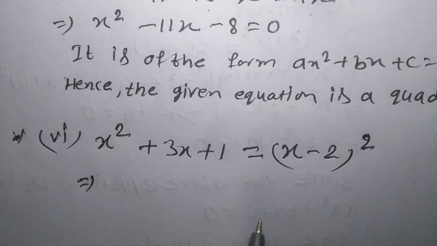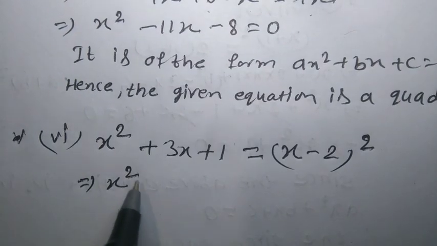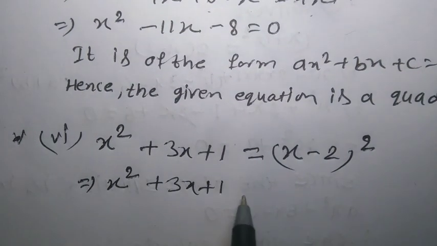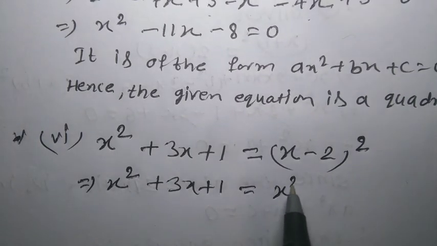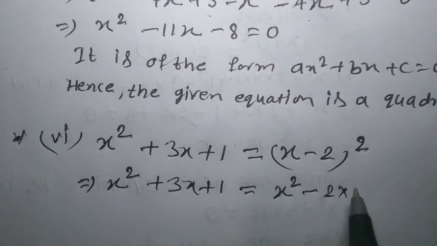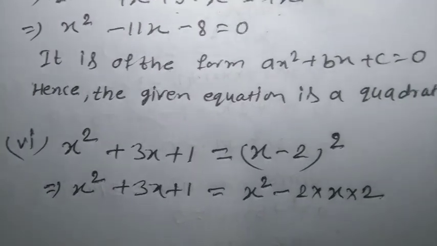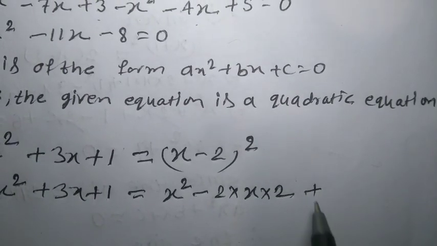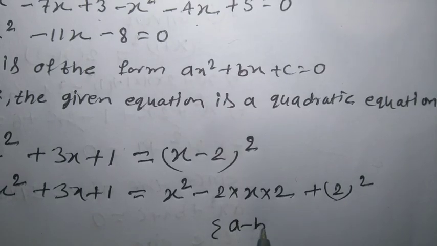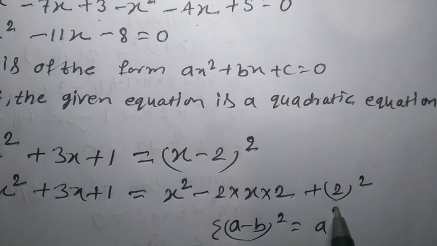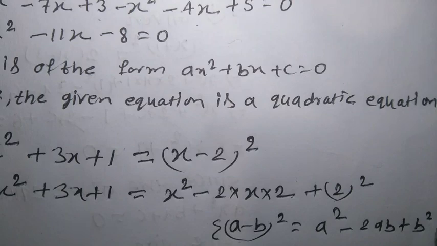Implies, now we apply the formula a minus b the whole square. So we get x square plus 3x plus 1 is equal to x square minus 2ab plus b square, because a minus b the whole square is equal to a square minus 2ab plus b square.